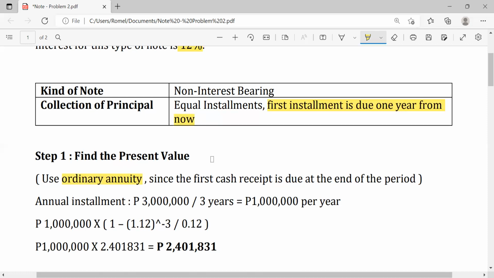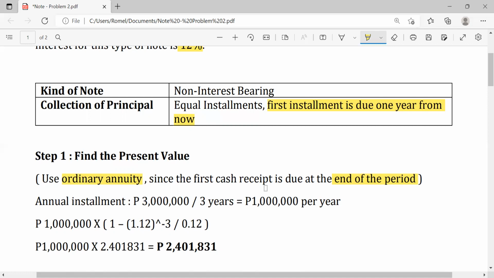Why do we use the ordinary annuity? Kasi kailan ang first collection? The first collection will happen at the end of the period. So because of that, we will be using ordinary annuity. And why are we using annuity? Bakit annuity formula ang ginagamit natin?